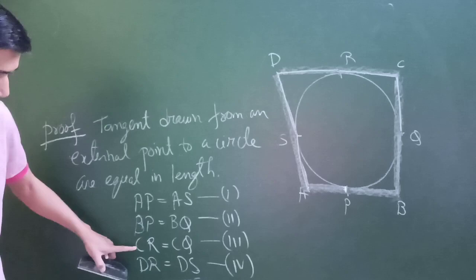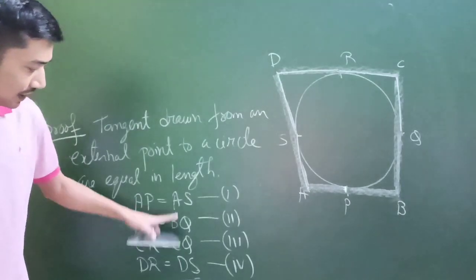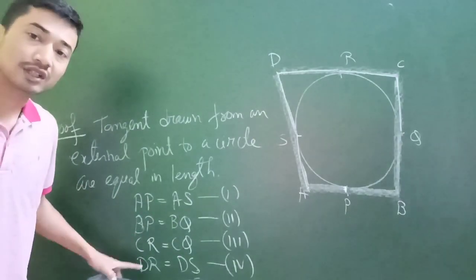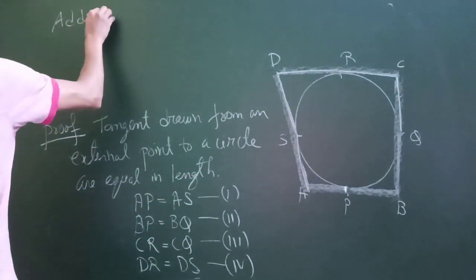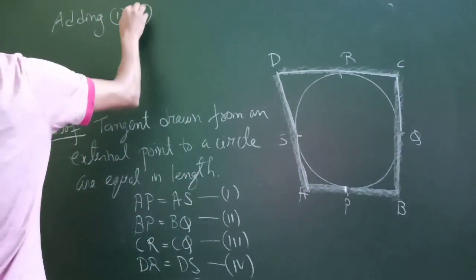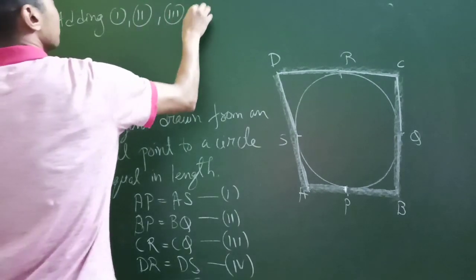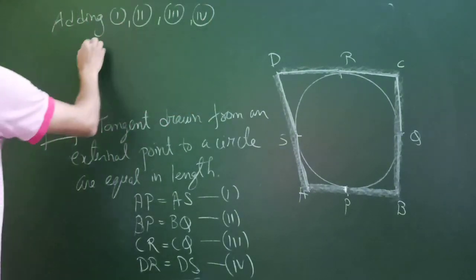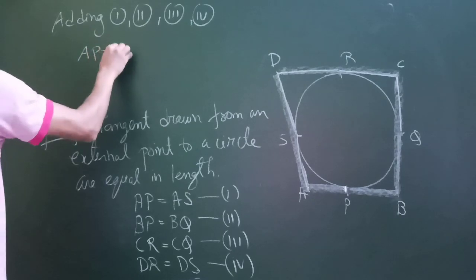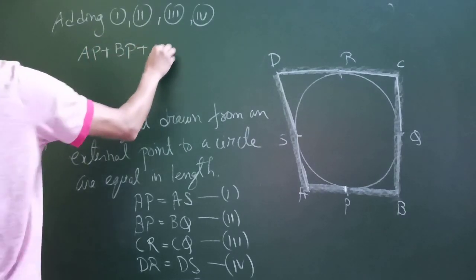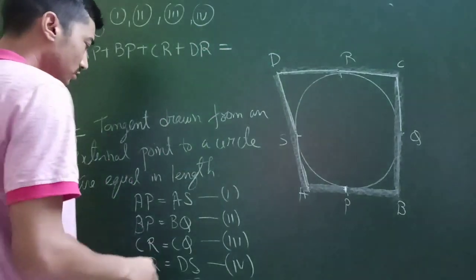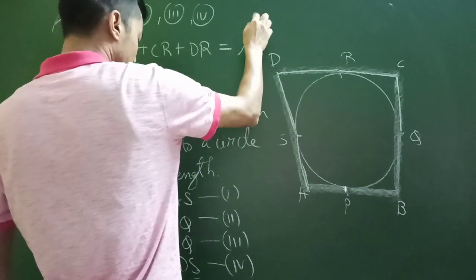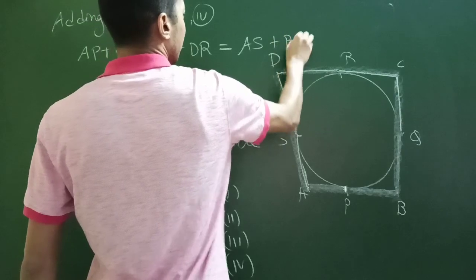So I wrote in that particular order so that when I add the four equations, everything will be very well arranged for me. Because in mathematics, it's up to us to make our problems difficult or easy.